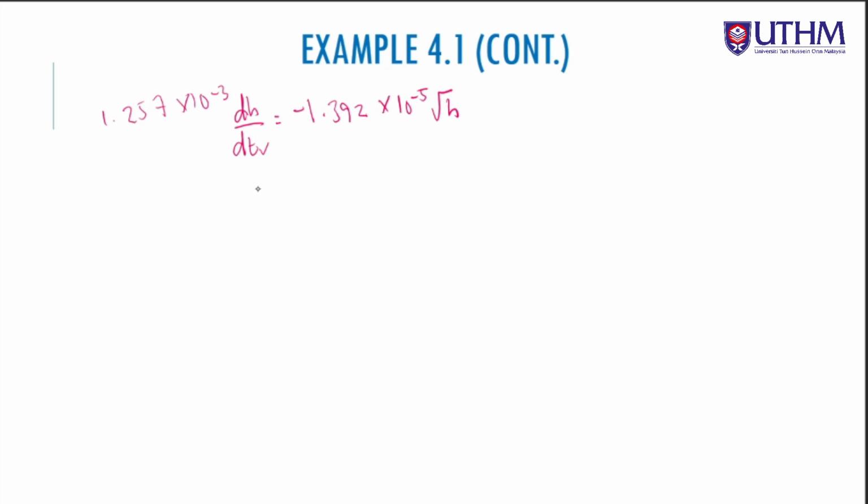So kita bawa dt ke kanan lah kan, naik ke atas. dt equals to 1.257 times 10 to the power of minus 3 dh, okay, over minus 1.392 times 10 to the power of minus 5 square root of H.